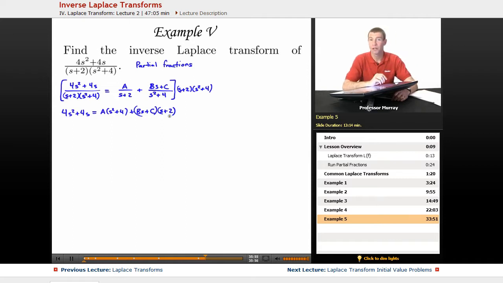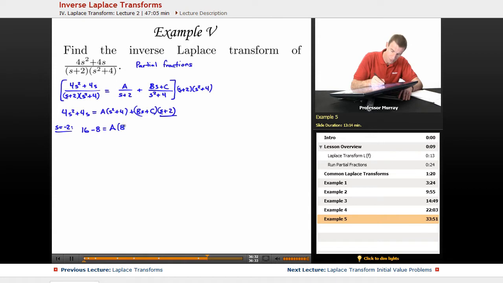Now, essentially, we want to solve for A, B, and C. It's a little bit messy, but I see something quick that I can do to find one of my coefficients right away. If I plug in s equals negative 2, that'll make the other terms drop out. On the left side, 4s squared will be 16, because it's 4 times 4, plus 4 times s is minus 8, which is equal to A times (s squared plus 4), which is 4 plus 4, or 8.